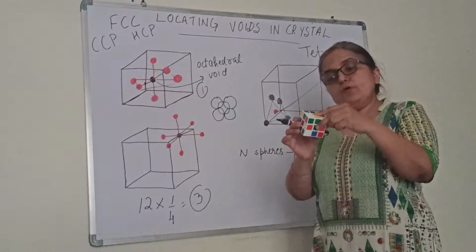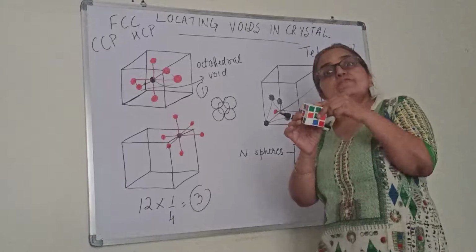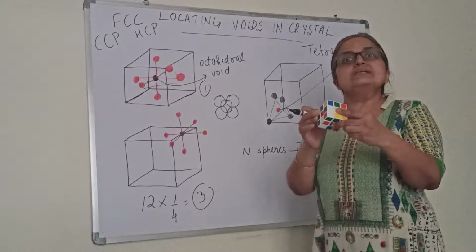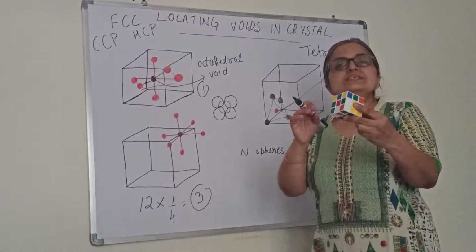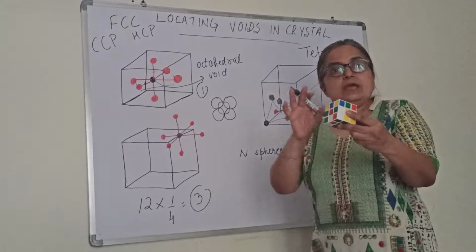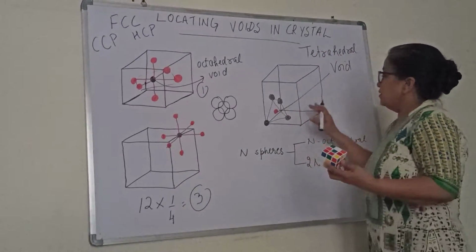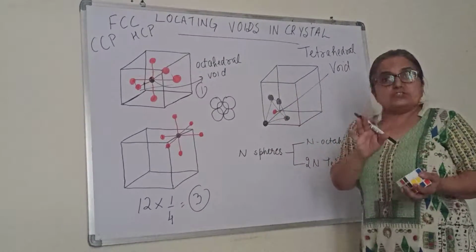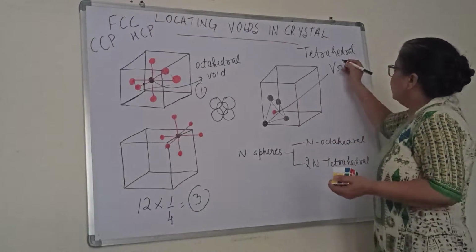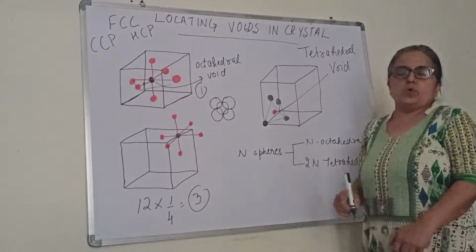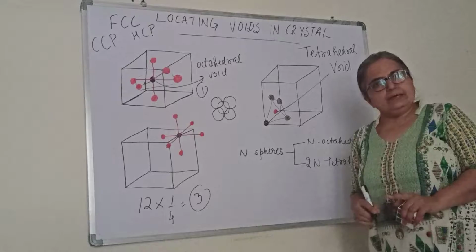So you will have one tetrahedral void at every corner. How many corners are there in this? 8 corners. If 8 corners are there, that means there will be 8 tetrahedral voids. Is this clear, children?